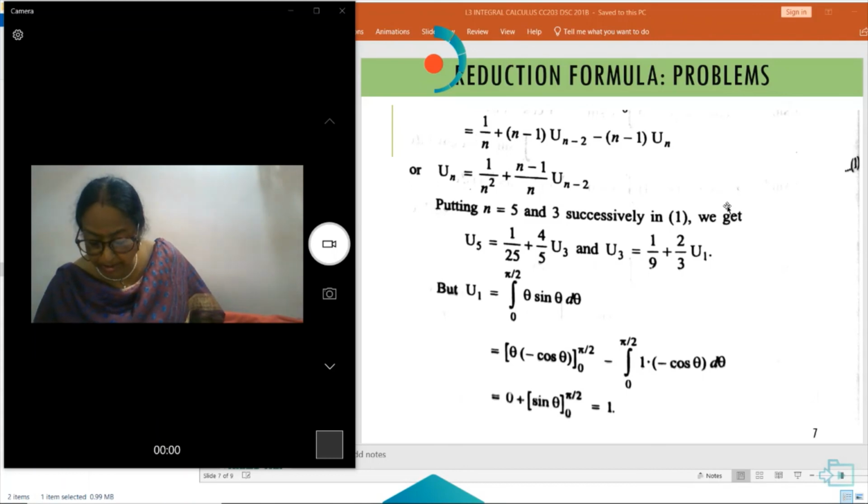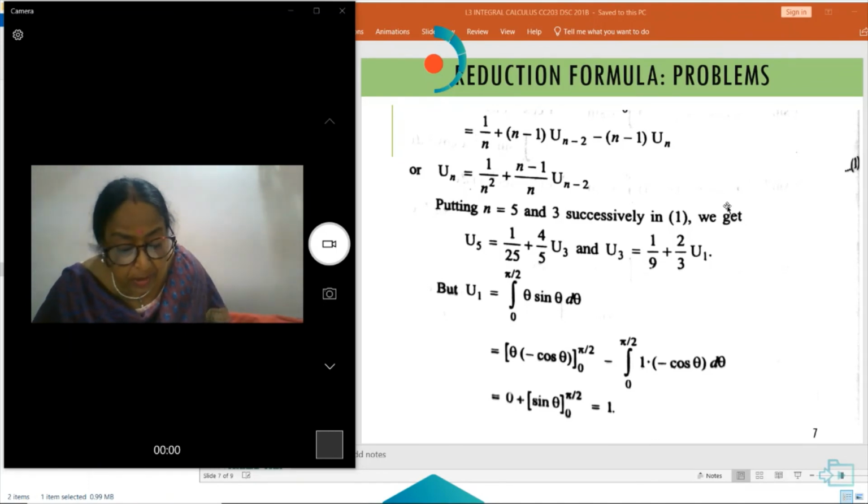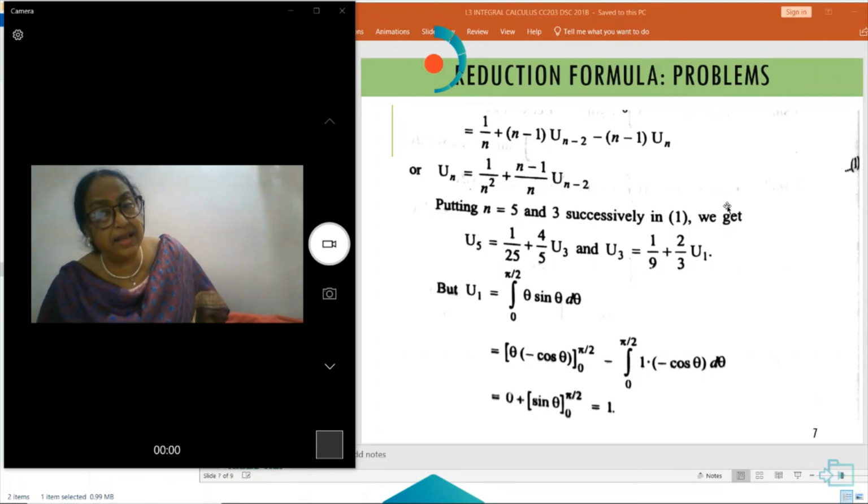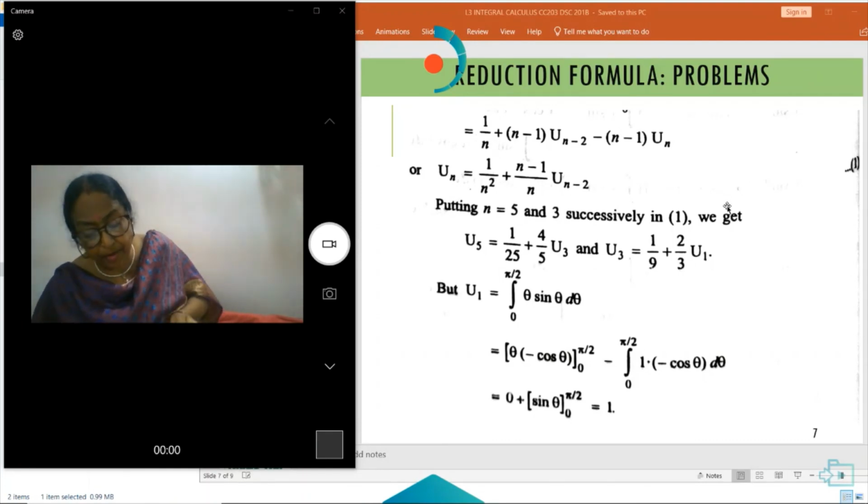But U1 can be written as theta into sine theta d theta within the limit 0 to pi by 2, which after calculation and putting the limits, we get this is equal to 1. So U5 is equal to, after calculation, 149 by 225. This is an example of reduction formula.